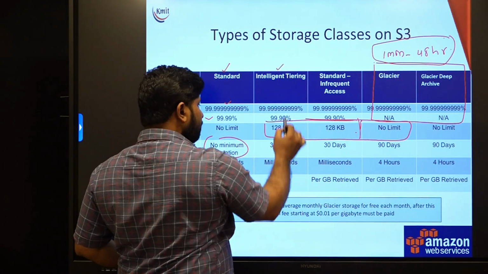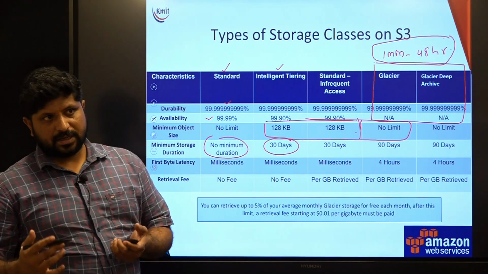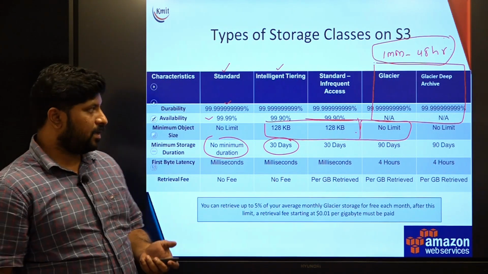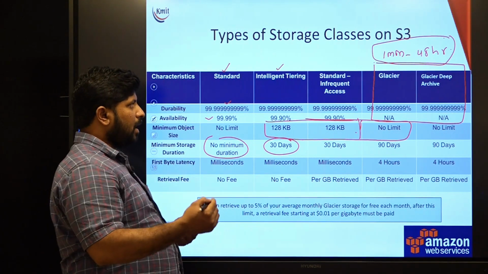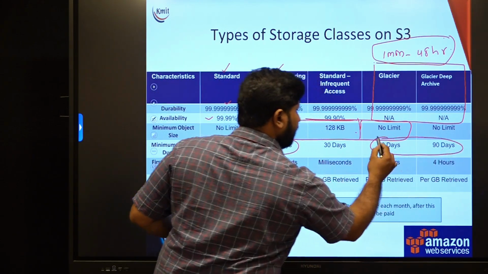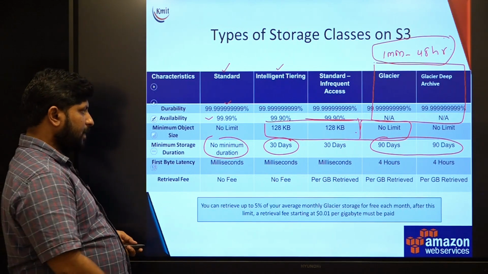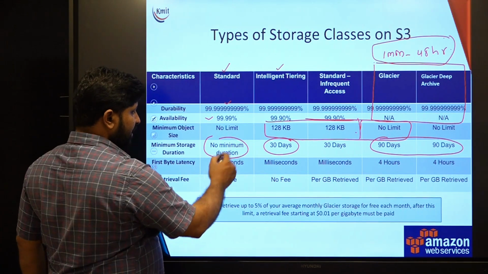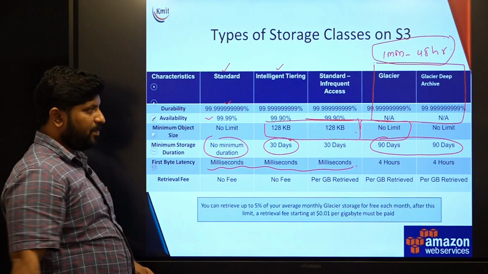For intelligent, it should be 30 days. That means in the last 30 days you have not yet accessed that data, or in 30 days you might have accessed it once. For Glacier or Deep Archive, it can be 90 days or more. Coming to latency of access, all of these are part of standard, so it will be milliseconds.